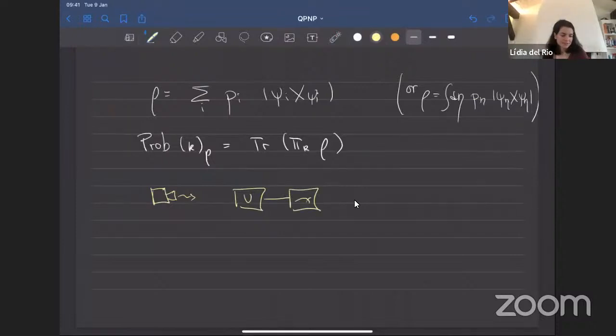So what is happening here? Well, first, each of these phi i's would evolve to U phi i. And how do we evolve the density matrix? We don't know yet. But what we'll do is look at what happens to these probabilities.